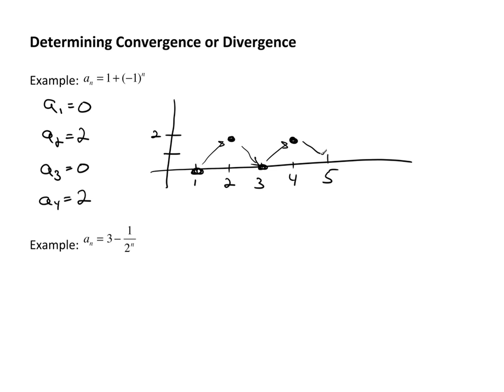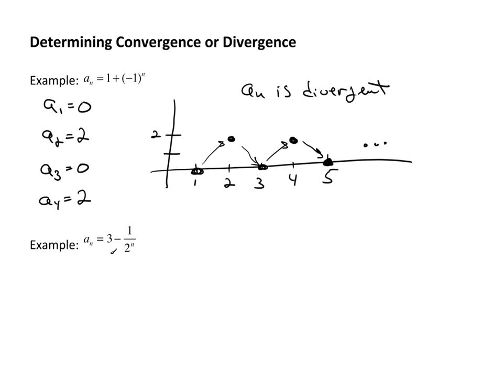And you know the next one's going to be going back down. And this just continues on to infinity. It never levels off. Therefore, it's divergent. It didn't shoot off into infinity, but it never settled down. It never converged to a single value L. So a_n is divergent.